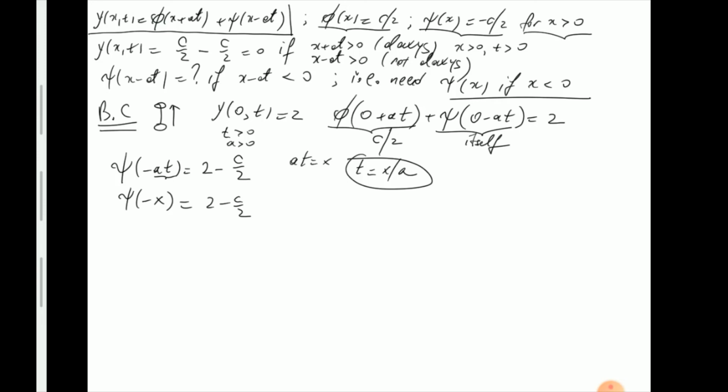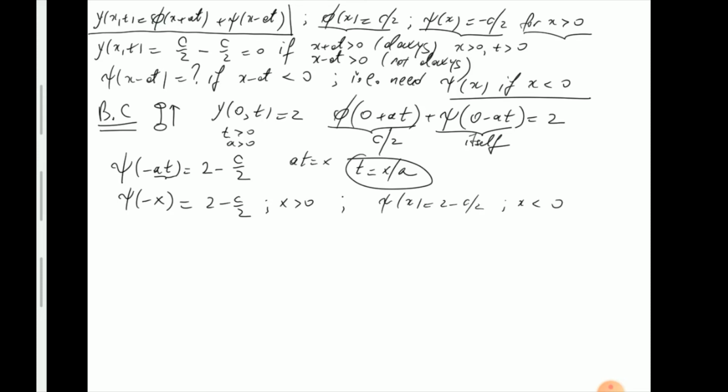But the point is in this particular case, from the boundary conditions, we can actually get what psi at a negative argument is. So psi of minus x is 2 minus c over 2 if x is positive. So that means you have a psi of a negative value. You can make this notation more flexible. I mean, you could say psi of x is equal to 2 minus c over 2 for x negative.